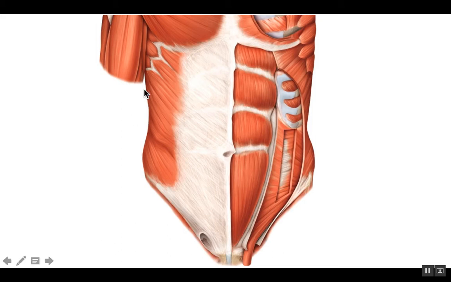They also protect. They offer a lot of protection to your abdominal organs. And we're going to see the way they protect is they provide different orientations in order to provide the most protection. They're also used when you breathe forcefully.